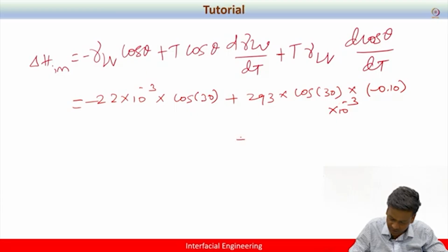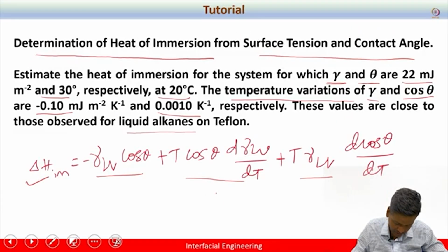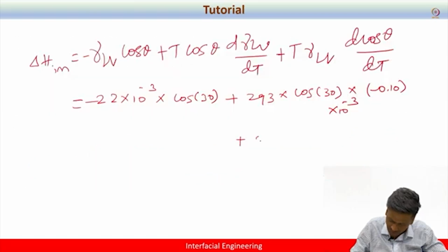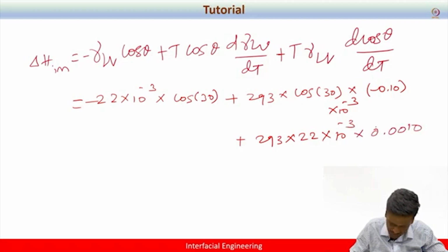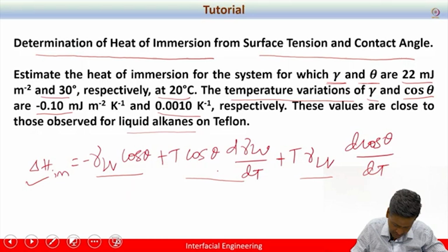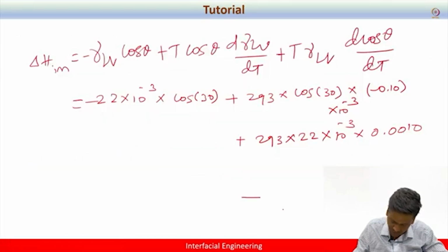The next term is plus 293 into 22 into 10 power minus 3 into 0.0010, which is the data given here.